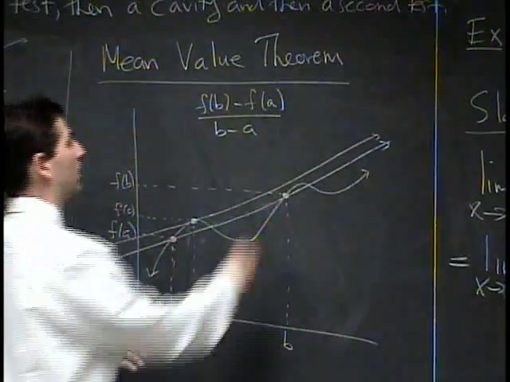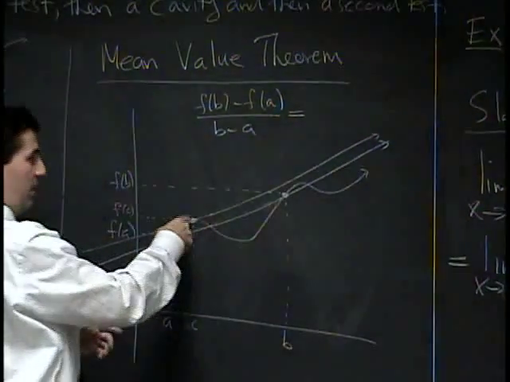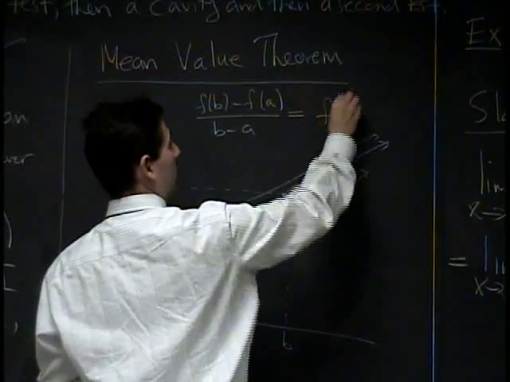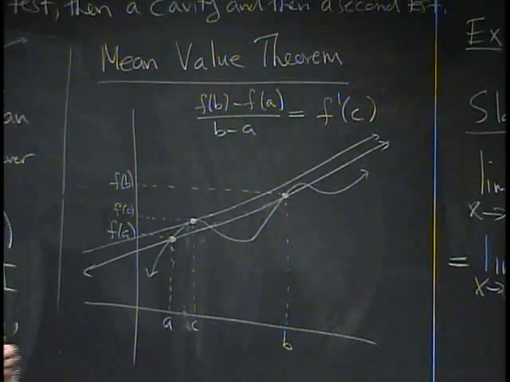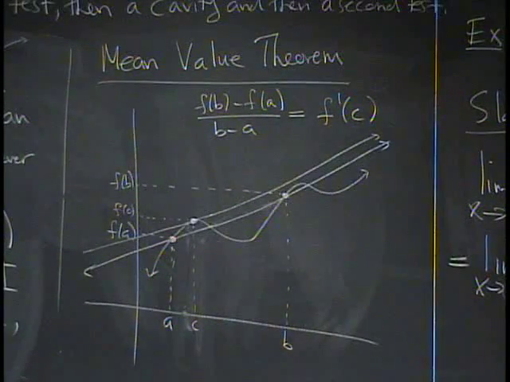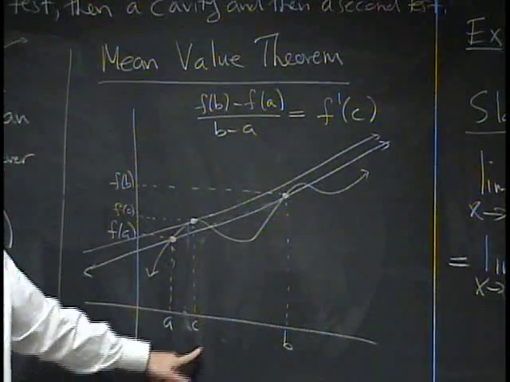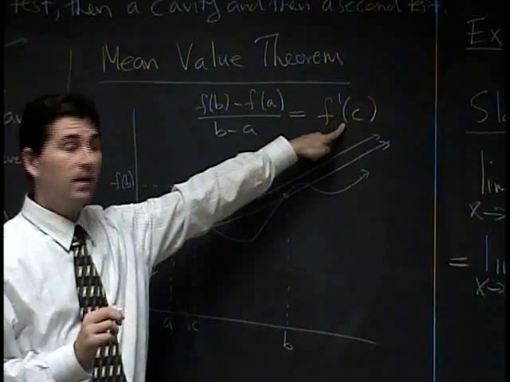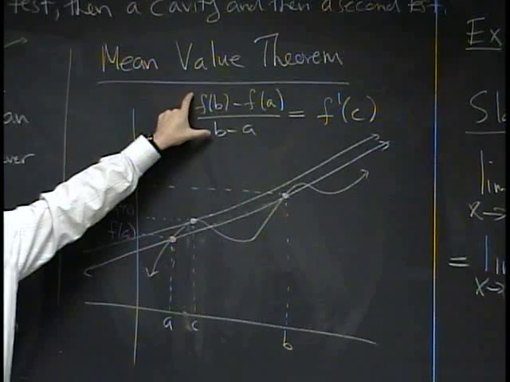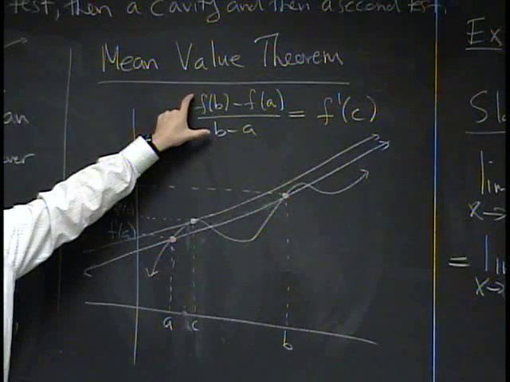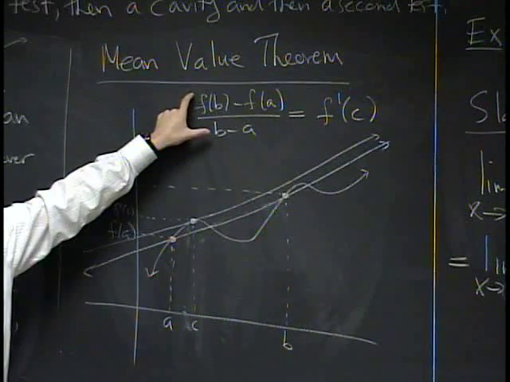Of course, the slope of this tangent line is just the derivative at c. So there is some point c in between a and b, such that the derivative at c is the same as the slope of that secant line. That's all the mean value theorem says.